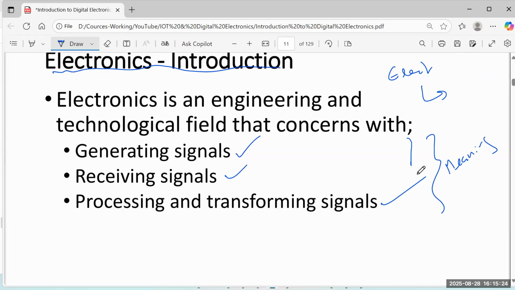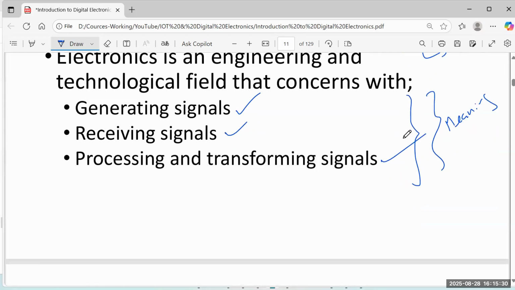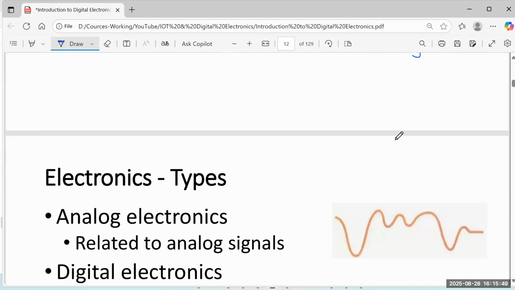So a computer is a digital electronic device. A calculator is an electronic device. A radio is an electronic device. Of course, electricity is used for the power, but it's all about generating, receiving, processing signals. So a computer is an electronic device, a digital electronic device.